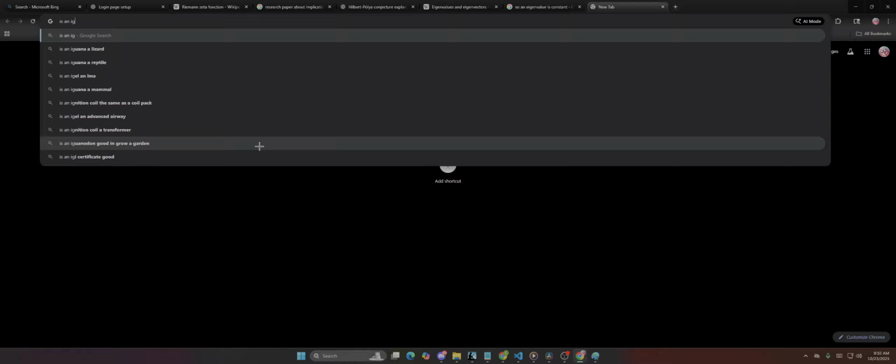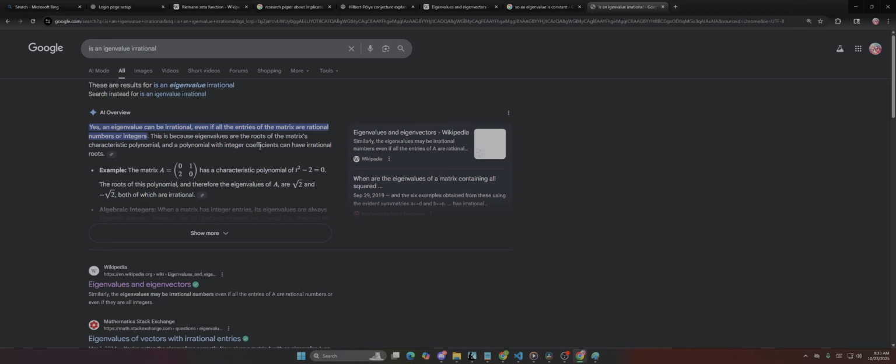Is an eigenvalue irrational? Shit, I felt like I spelled it wrong. Oh my god! No way! It's irrational and a constant value.